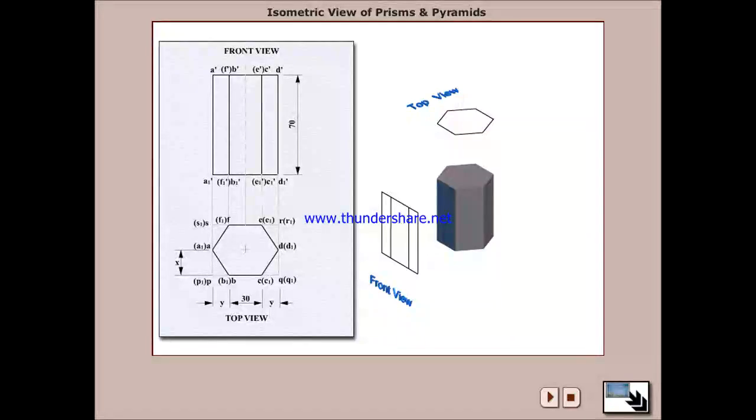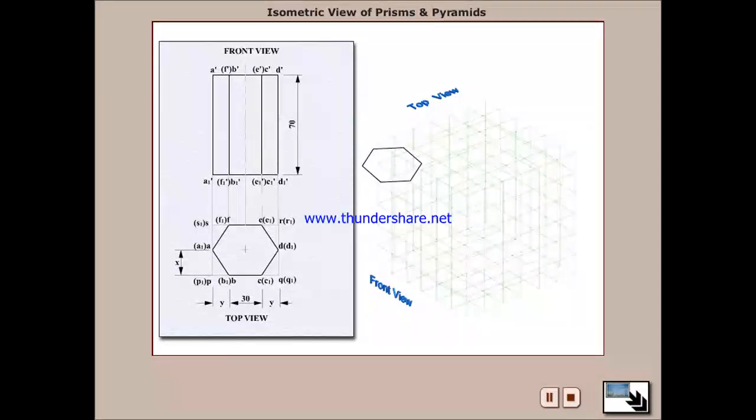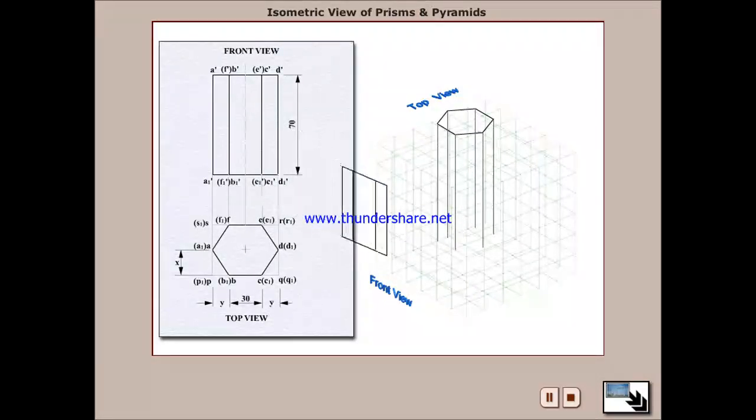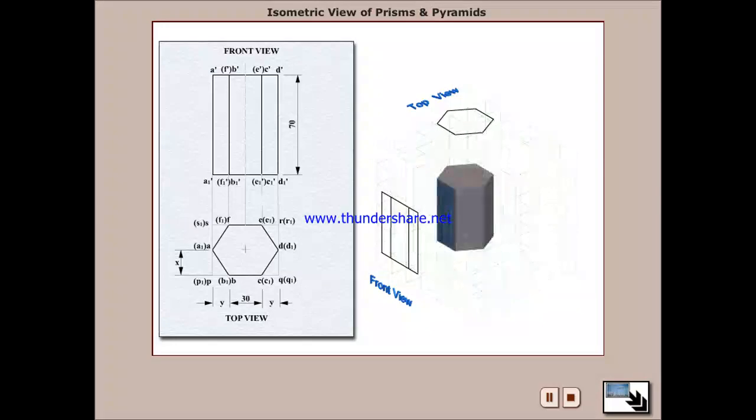Now with this, observe how the physical view will be available. The top view will appear like this, and the front view. So with these two views intersecting, we'll get the isometric view of the prism. The top view will appear like that and the front view will be available like this.